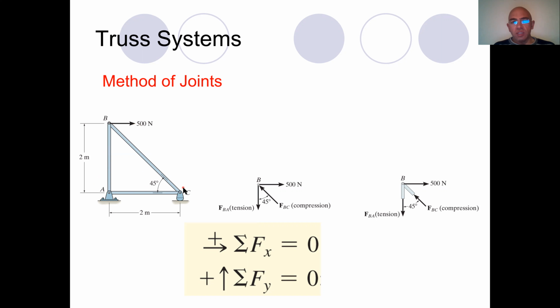Now, there are two methods that we use mainly for analyzing the forces in a truss system. And the first method is method of joints. Now, what is method of joints? As you see, the truss elements are joining together, where, for example, at point B, this is one joint.